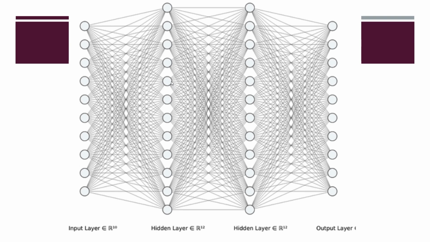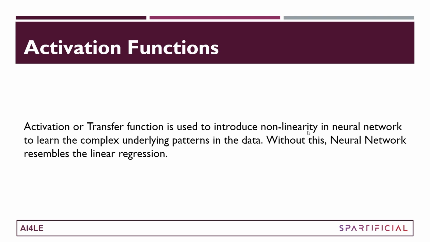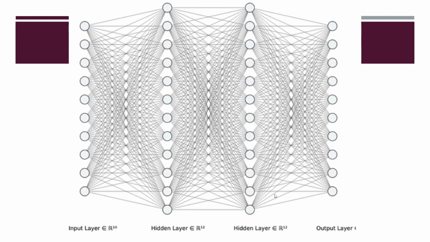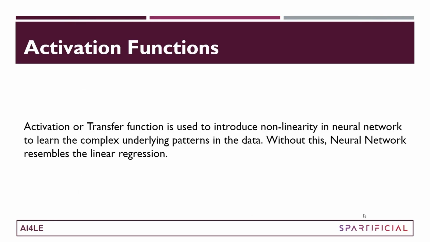But if I combine this neuron with a bunch of neurons in the hidden layer, and if I have multiple hidden layers, all of this together brings in the non-linearity we are talking about, so that the network is able to decode the complex underlying patterns in the data and the relationships between the input and the output layer. So that's the main purpose of having activation functions in your architectures. And yeah, that's about the activation functions.